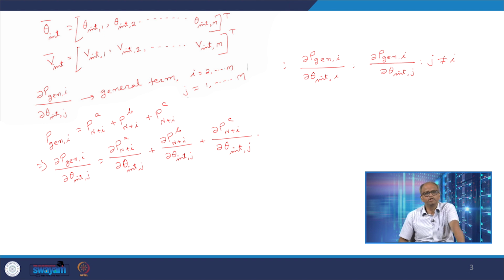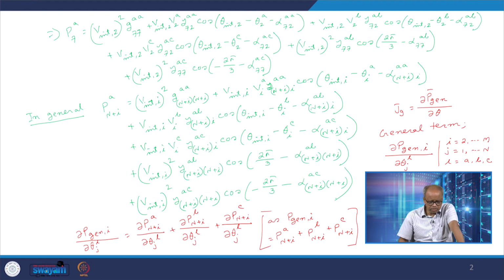Now, we have already written down the expression of P n plus Ia. If we look at this expression, we can see that P n plus Ia essentially only involves the terms V internal I, theta internal I, and theta Ia, theta Ib, theta Ic, as well as VIA, VIB and VIC, correct.